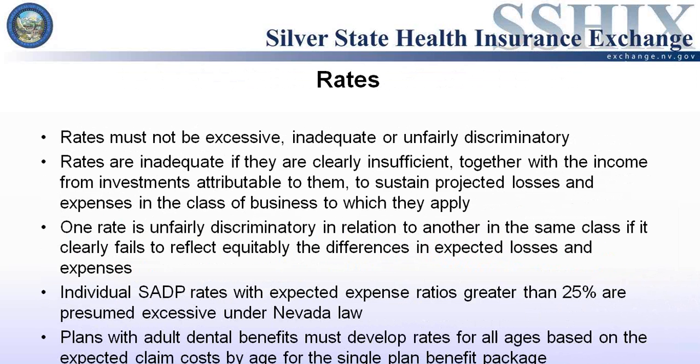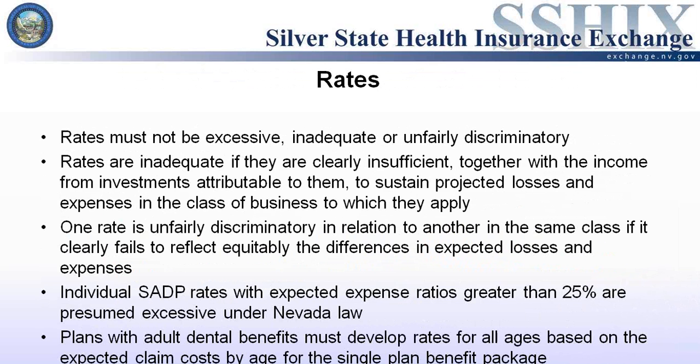If you're proposing an expense ratio in excess of 25%, you're going to get a disapproval letter from the DOI and an explanation. You're going to have to provide a lot of support for us to consider approving that expense ratio.